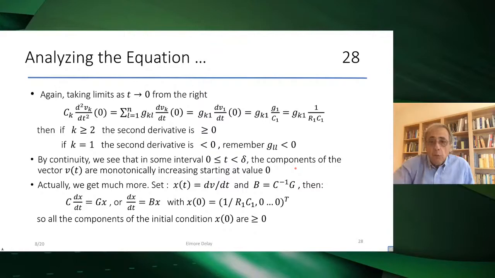And the answer is no, except under a special condition that we're going to see. So if we try to simplify here and I put B for C minus 1 G, this is the initial condition. You notice that the components of the initial condition are all positive.